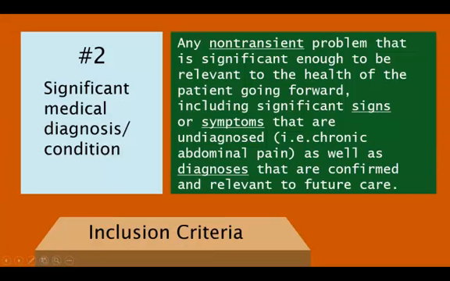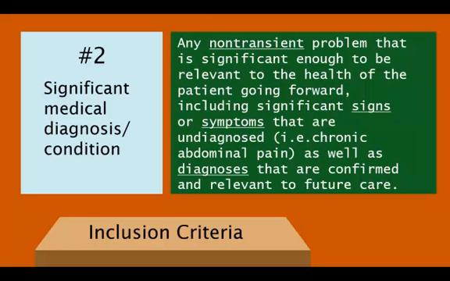Number 2, the second inclusion criteria, is probably the most difficult to understand. It needs to be any non-transient problem, and by non-transient we mean things that are not going to be resolved on their own in 10 days from now, such as the flu or a UTI.